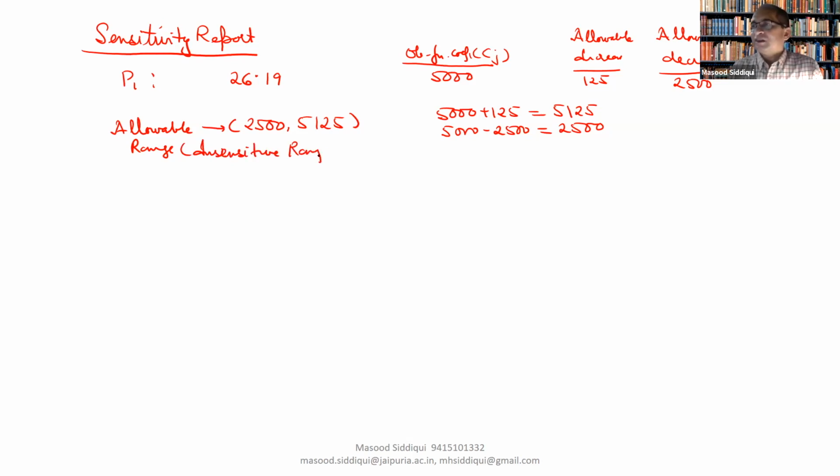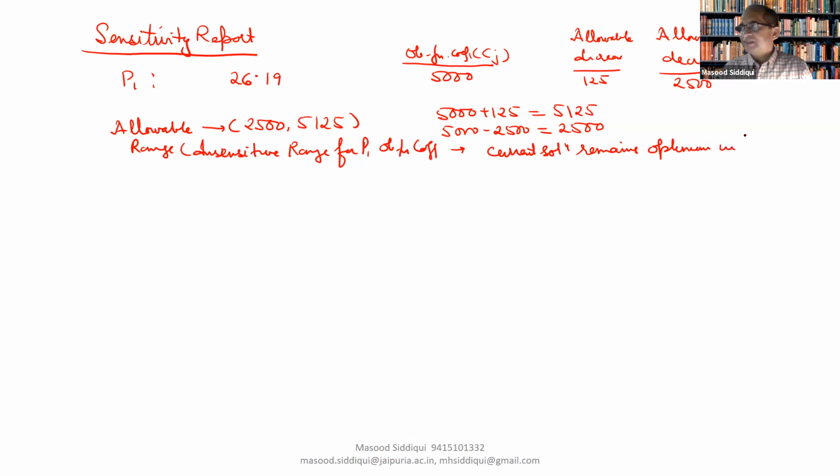For P1, the objective function coefficient, meaning the profit of P1, we can explain this as: as long as the profit from product 1 remains in the range 2500 to 5125, the current solution remains optimum in this range.